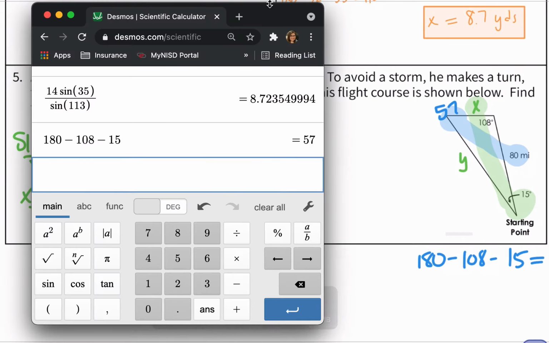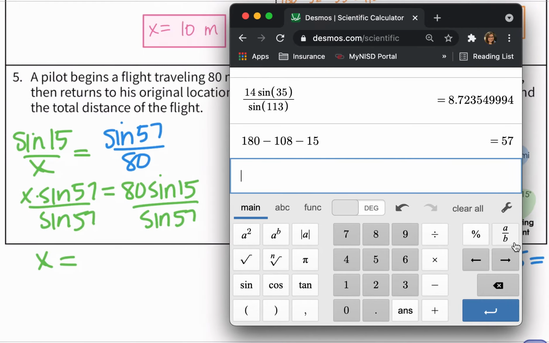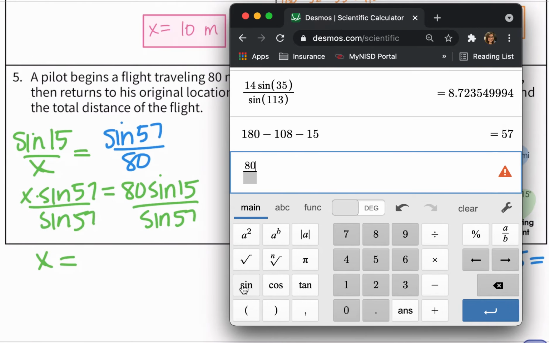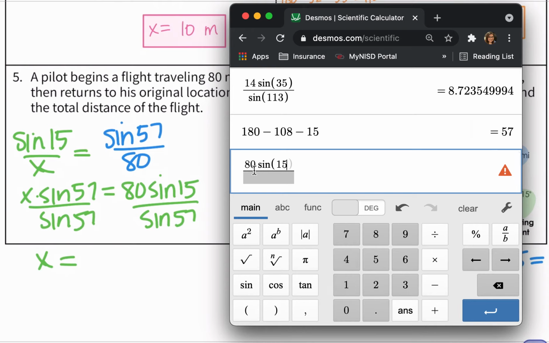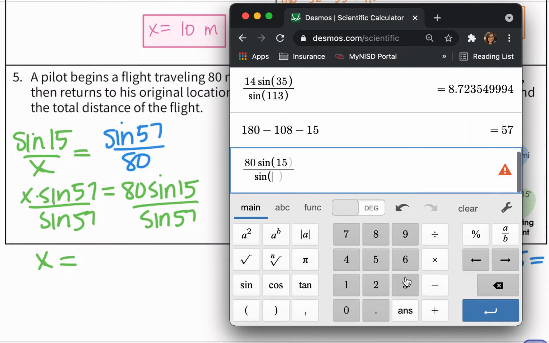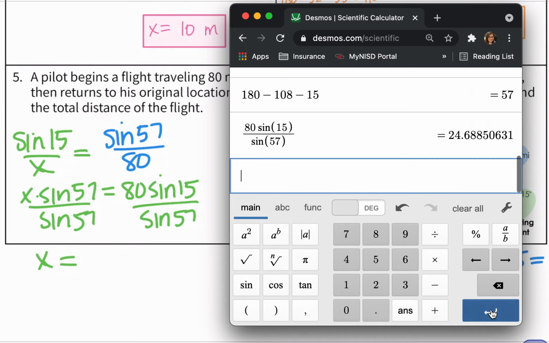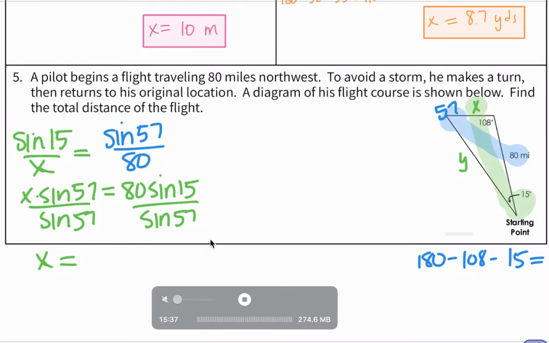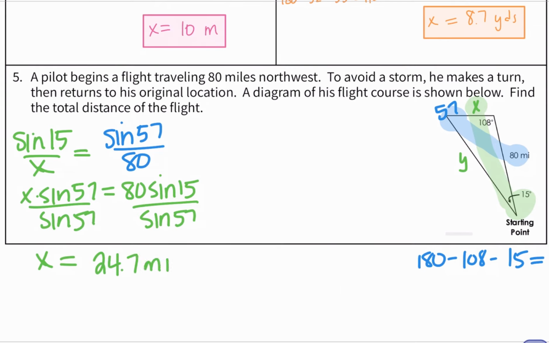So let's see. 80 sine 15 over sine of 57. Let's round to the nearest tenth. That's 24.7 miles. Okay, so that's one part of it. That's not the final answer, that's just one side. Let's figure out what the other side should be.